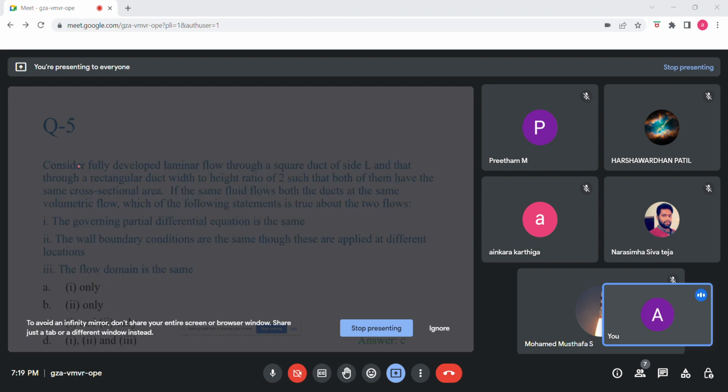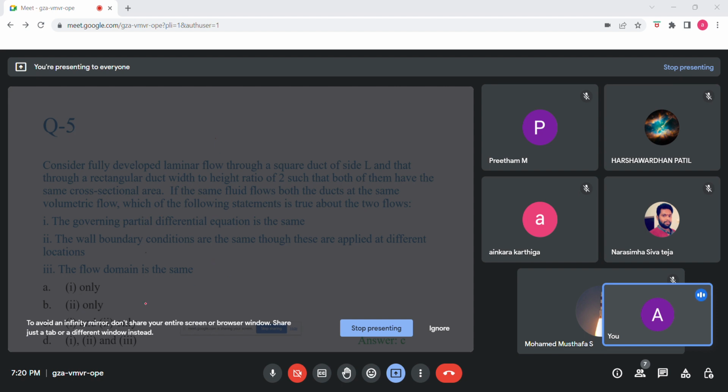So next is D. Consider a fully developed laminar flow through a square duct of side L, and through a rectangular duct with width to height ratio of 2, such that both of them have the same cross-sectional area. The same fluid flows through both ducts at the same volumetric flow. Which of the following statements is true about the two flows?